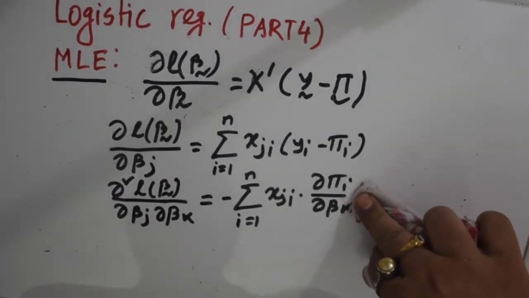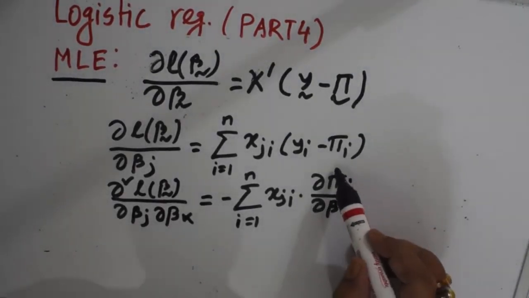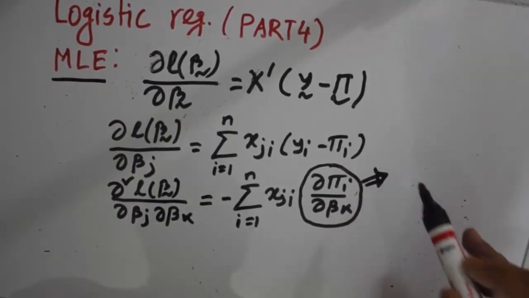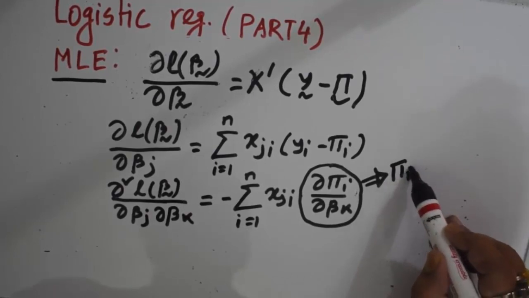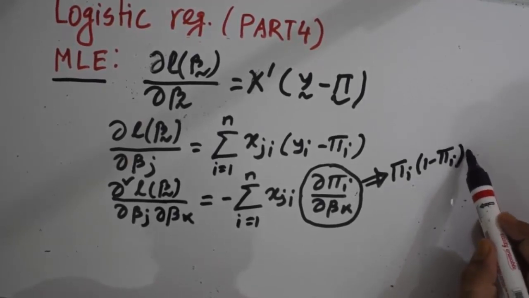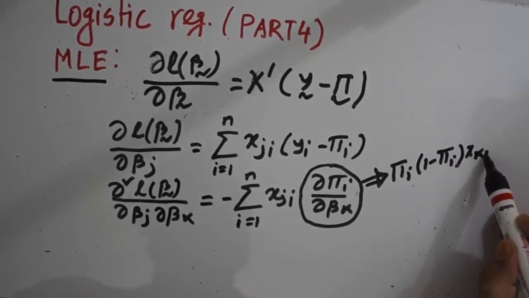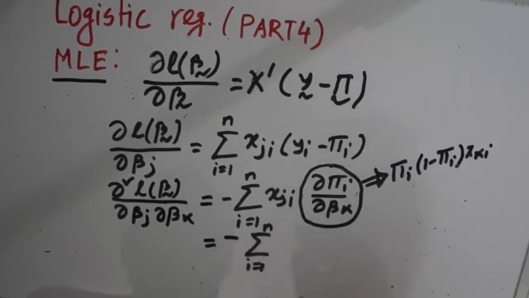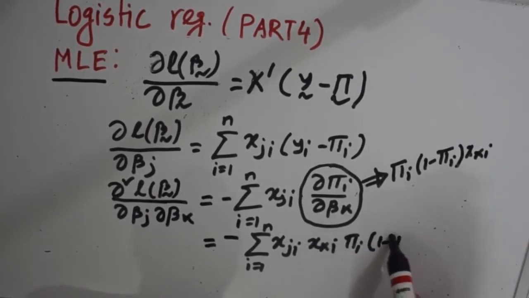So we know this is pi i into 1 minus pi i times xki, then this is equal to minus the sum over i from 1 to n of xji xki pi i 1 minus pi i.